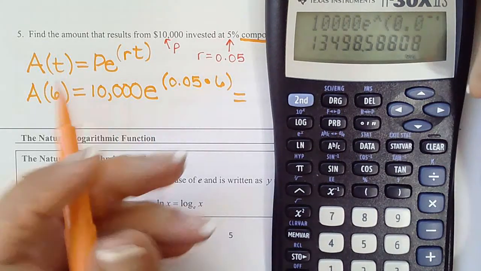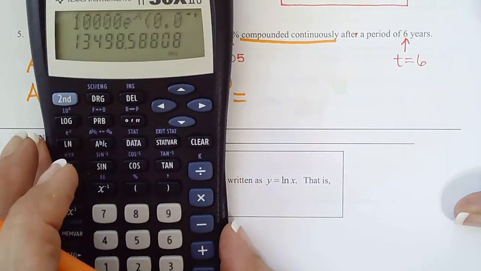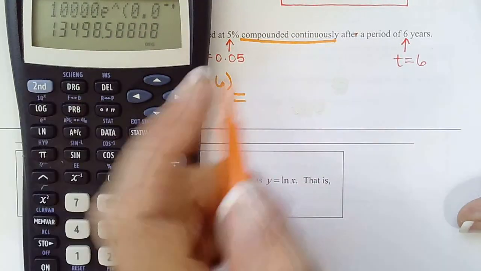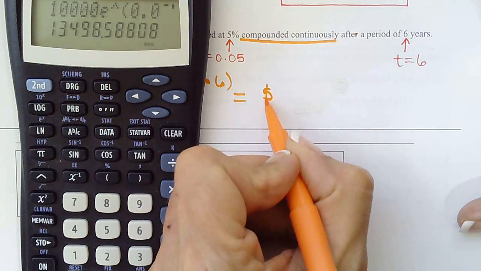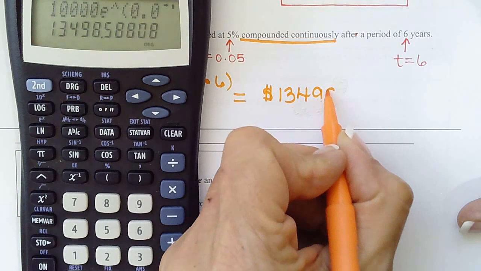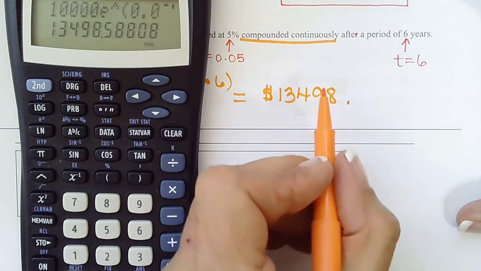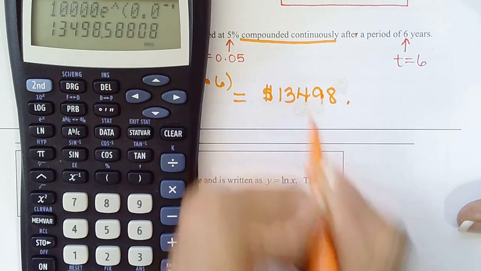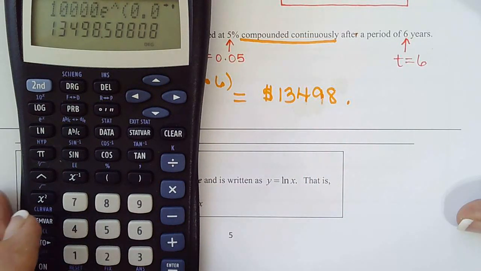So $13,498.59. Sorry, I put some white out there because the orange bled through, so it's not writing.